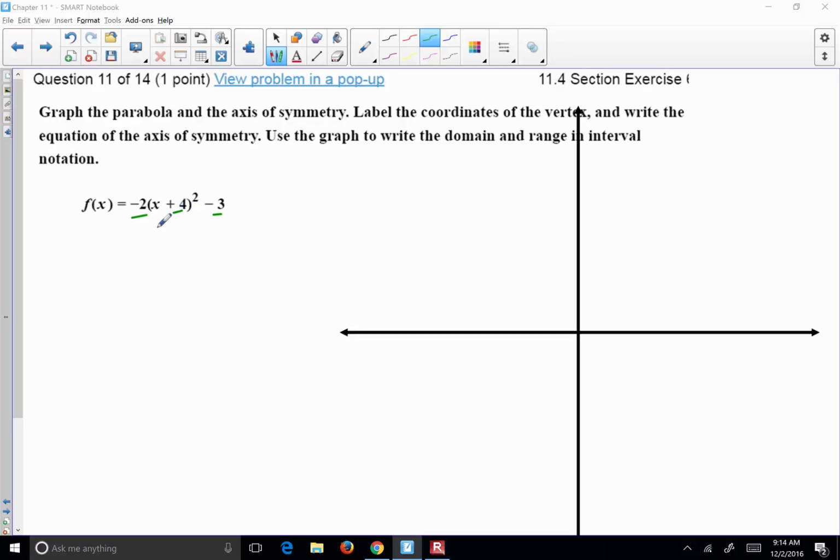So this moved right, down, and upside down, and stretched. 4 things happened actually. It flipped upside down, stretched, moved right, and down. And I think it moved somewhere here like this, right?